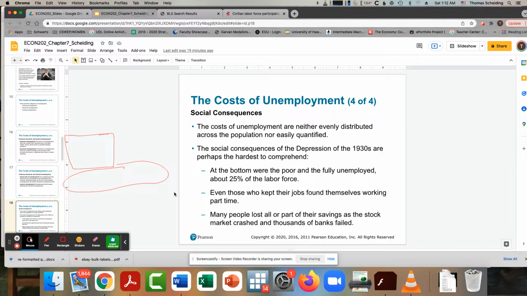And an individual who's unemployed basically means that the economy is less efficient. And we don't want that. So to fix that, the government, really starting during the Great Depression, and certainly much more after the Great Depression, got much more involved in trying to reduce the unemployment rate.